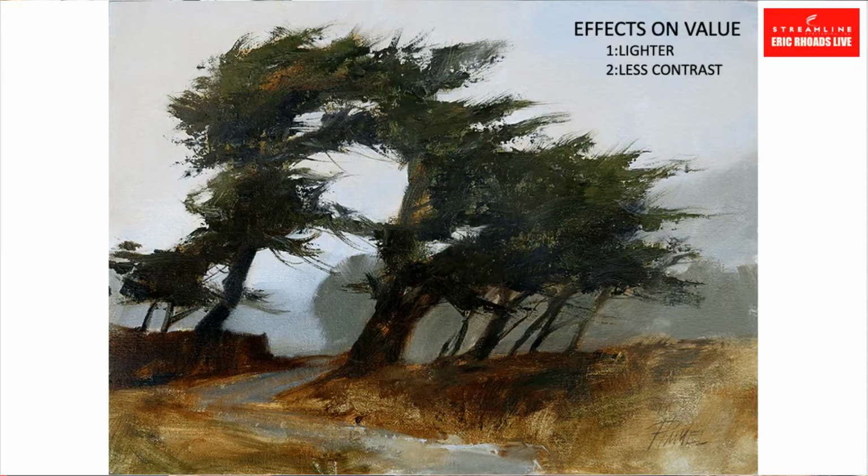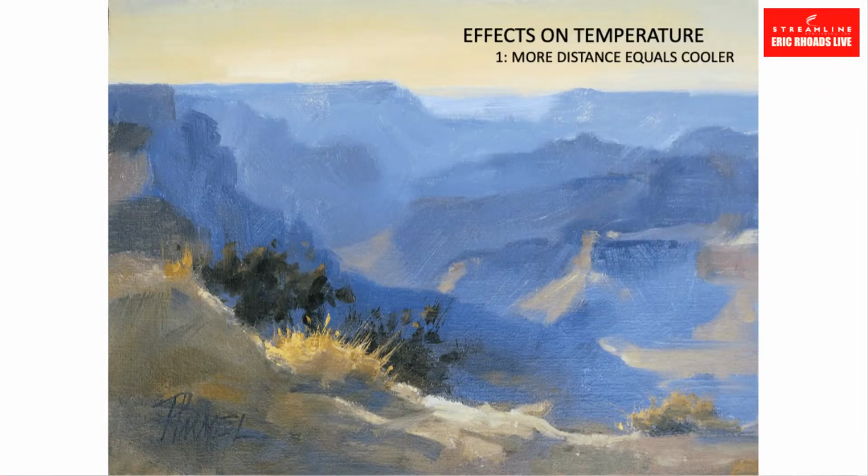So next, atmosphere has an effect on the temperature of color. We're still following that hierarchy of what hue family is it, what is the value, and now the temperature. This little sketch was done at Grand Canyon last September when there were all those fires.